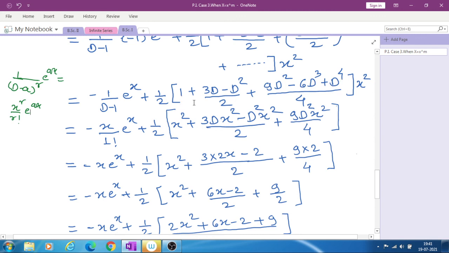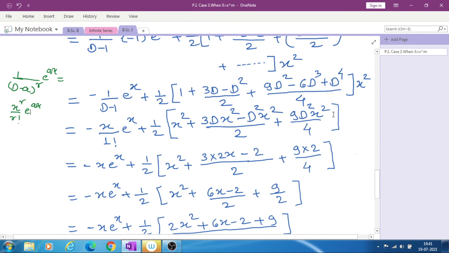So first, operating each term: 1 into x square, plus this 3d operates on x square, therefore 3d x square, minus d square x square divided by 2, plus here 9d square x square minus 6d cube x square.